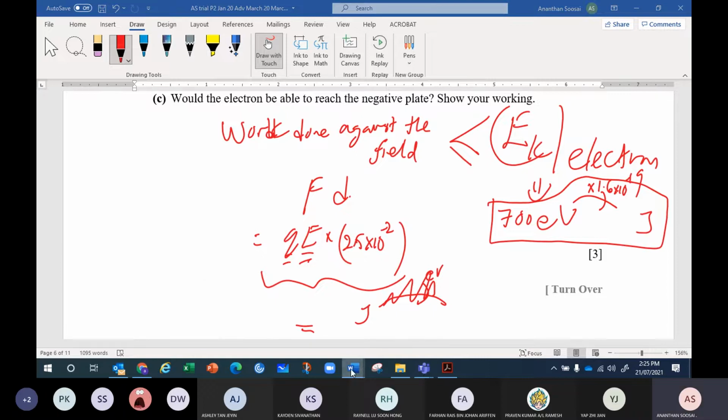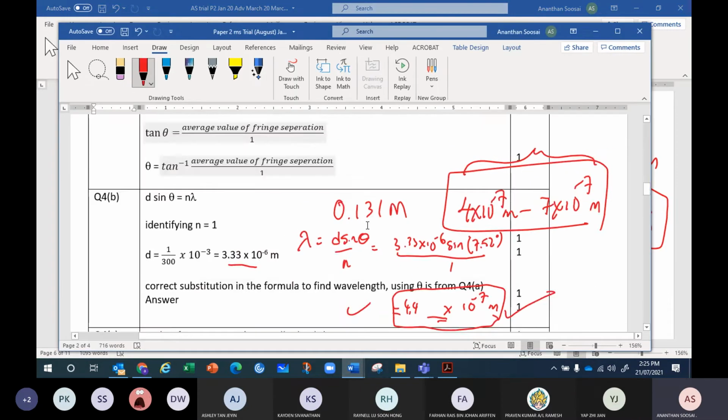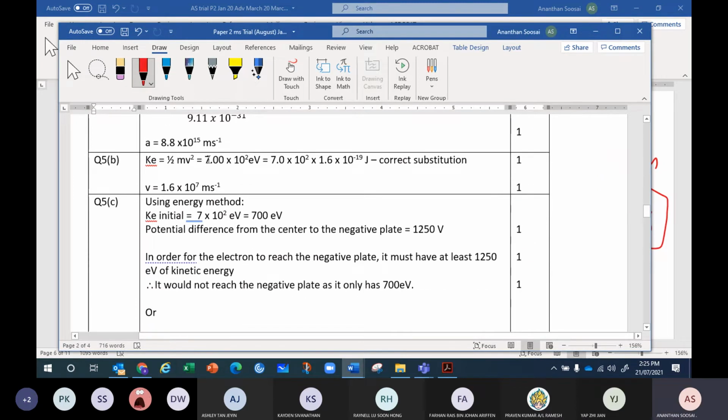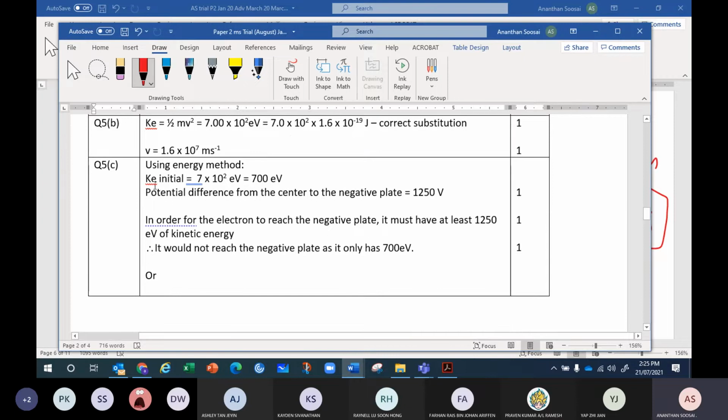Okay, let's go to the mark scheme. The mark scheme uses the energy method. The kinetic energy is 700 eV. The potential difference from the center to the negative plate is 1250 V. In order for the electron to reach the negative plate, it must have at least 1250 eV of kinetic energy.